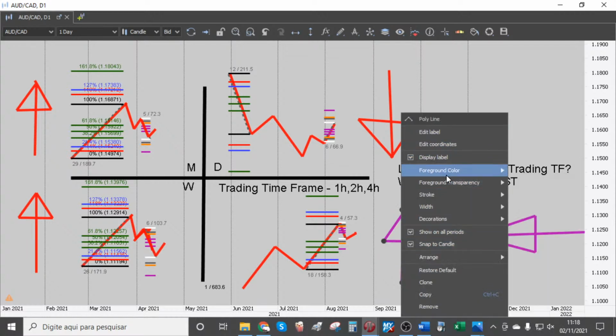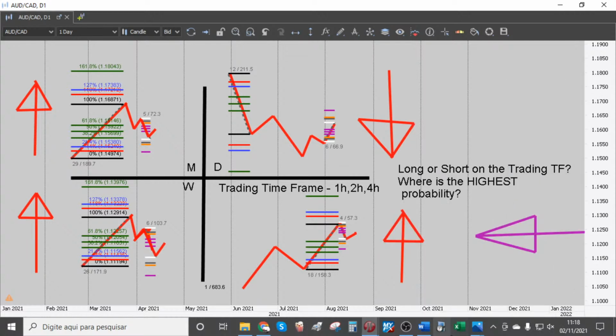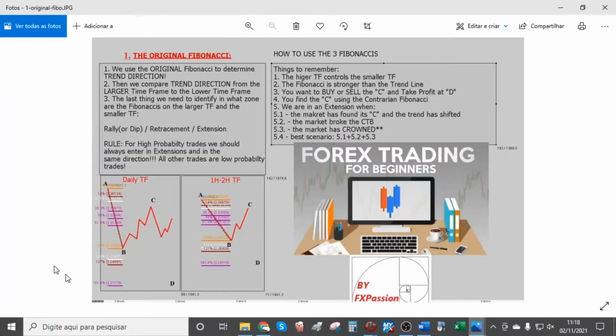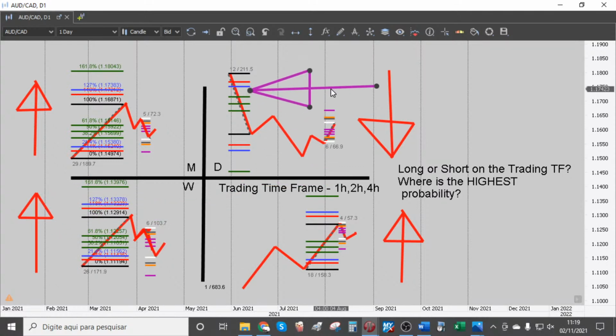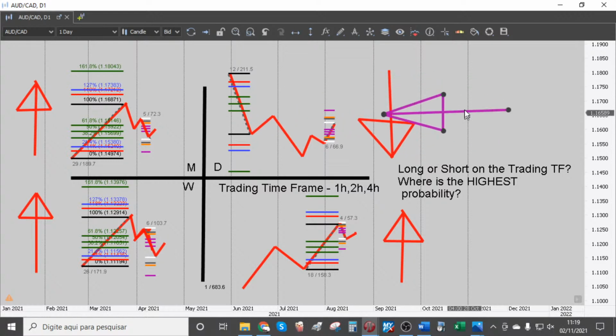So, one more time. We use the original Fibonacci to determine trend direction. Monthly original is up, trend direction is up. Weekly Fibonacci is up, trend direction is up. Daily Fibonacci is down, trend direction is down.